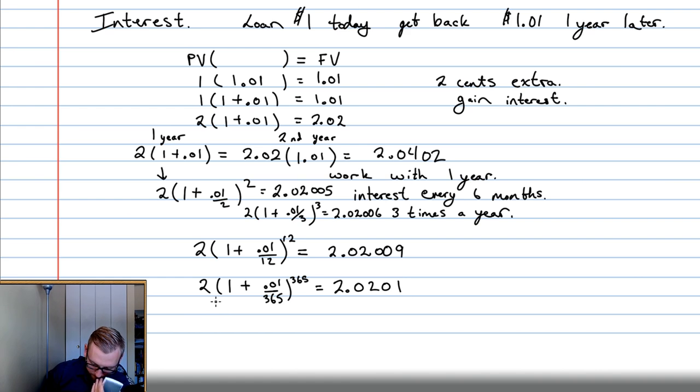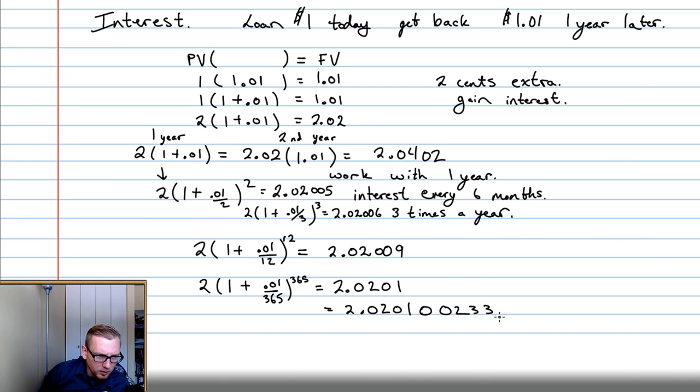Well, let's find out. Let's go to 1,000. 2 times 1 plus 0.01 divided by 1,000. We get 2.0201 and a couple zeros.